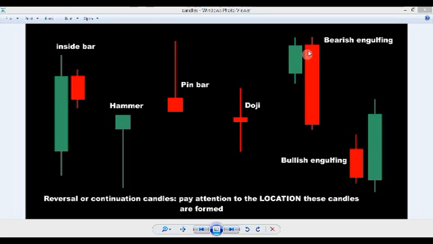Now let's see. This is a two-candle pattern, and it's a bearish engulfing candle. It's a bearish engulfing candle because, as we can see, the bears have engulfed the bulls.